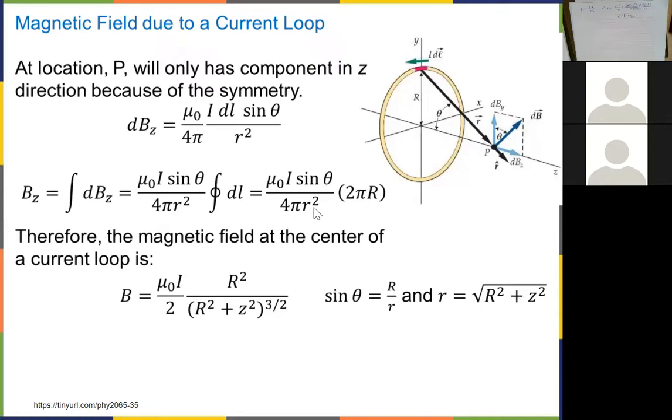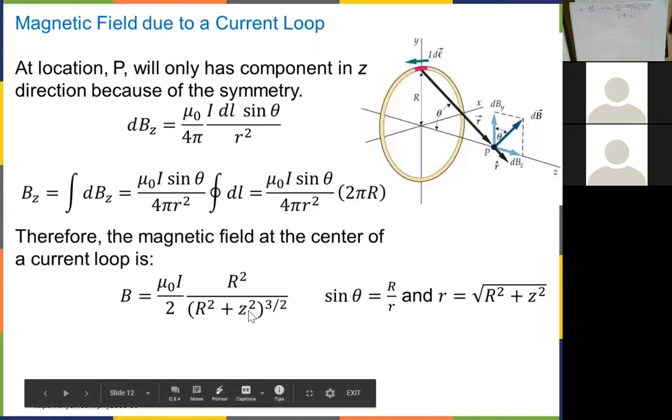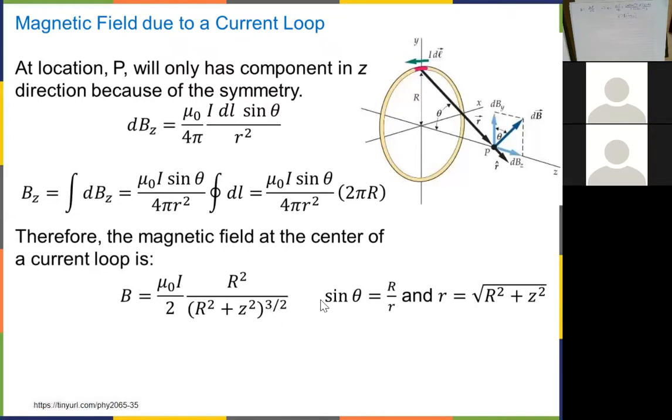Small r still has that r squared, so in addition to the sine theta, the denominator is this quantity to the third power, which is this to the 3/2. On the top, you originally have a capital R and get another capital R from sine theta, so you have capital R squared on the top.